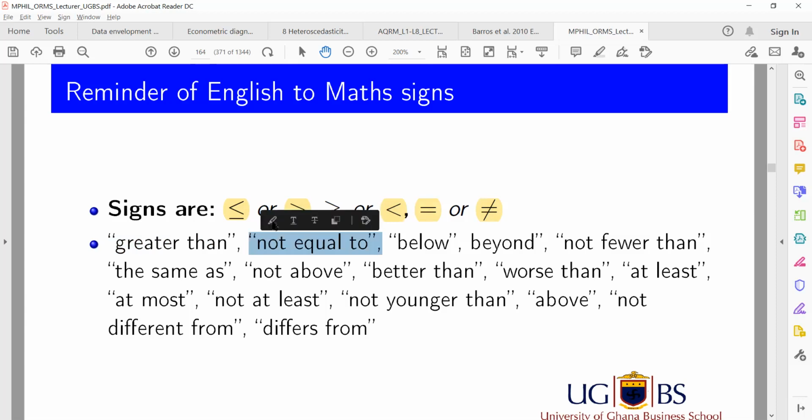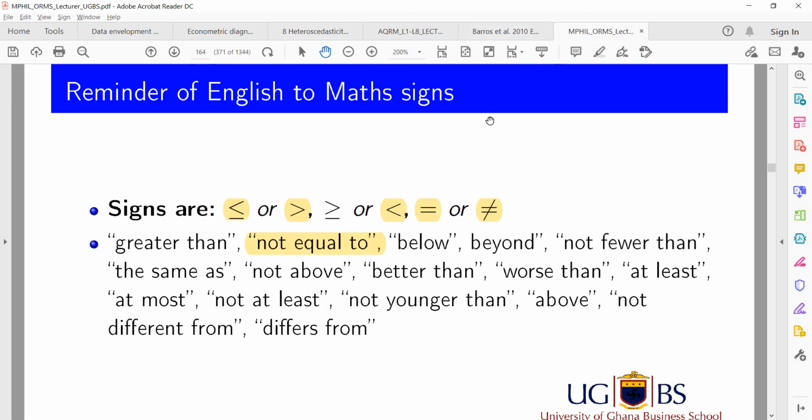Who can tell me? Just type the answer. Excellent. That is not equal to.